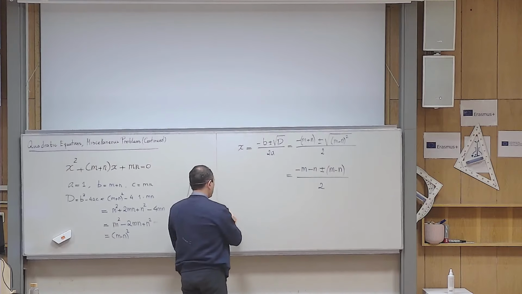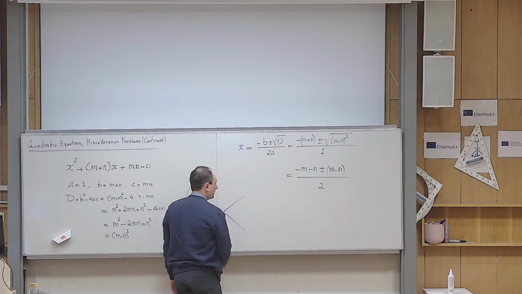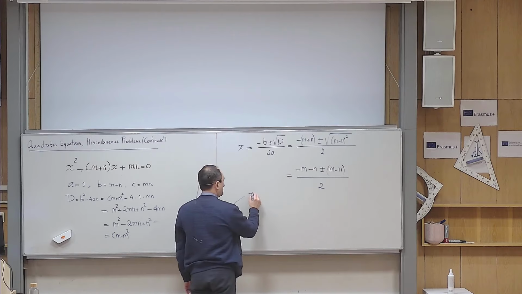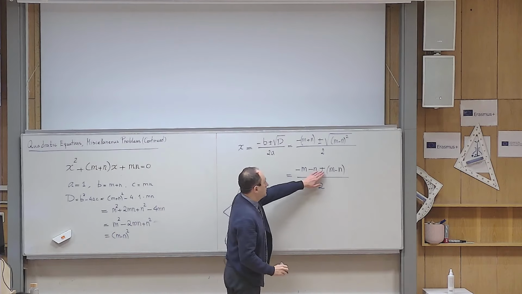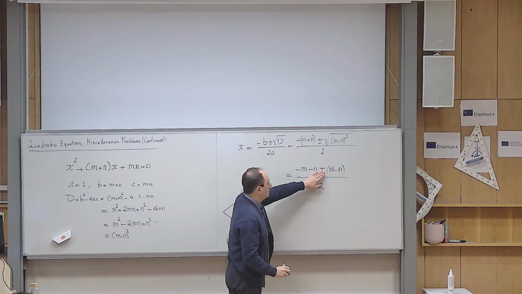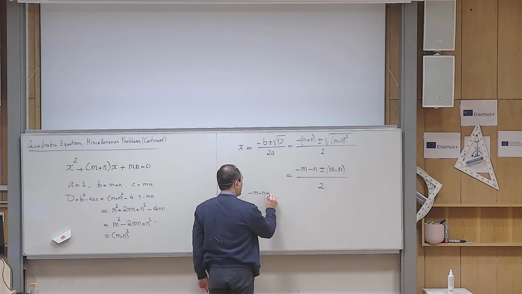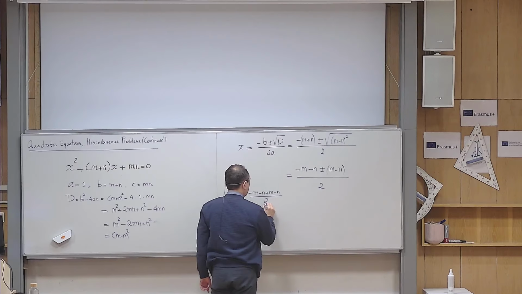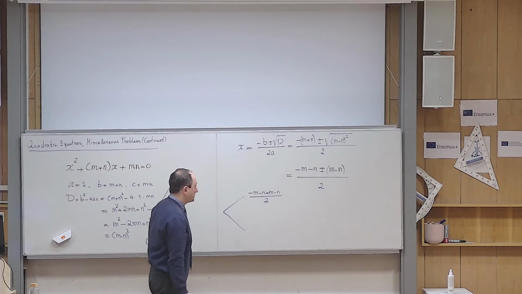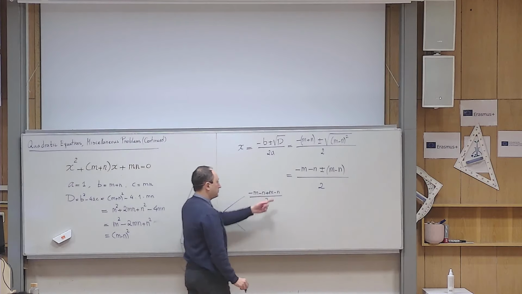And then I have two things to take care of. One with the positive sign, so minus m minus n. Consider the positive sign. There is nothing that I have to be worried about. I can just open up the pair of brackets. So it becomes minus m minus n plus m minus n, divided by 2. But in the problem, I have asked you to write it in the simplest possible form. So you have to continue.